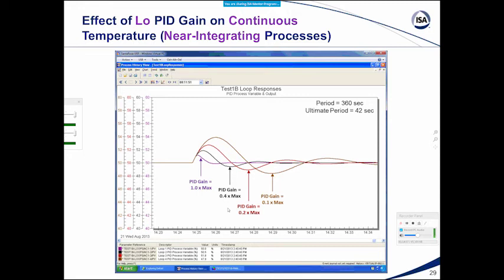Maybe I'll do something smaller, maybe 20. And then they're getting an oscillation. They say, "Oh, I got too much gain. I know I didn't like that gain being that high." And so then they go down to a gain of 10.